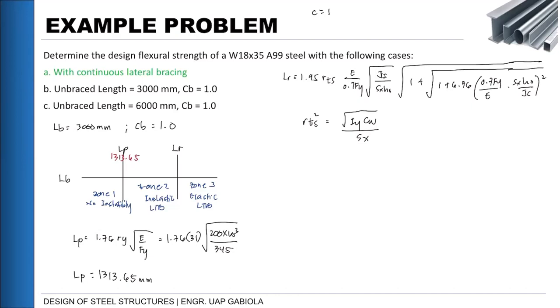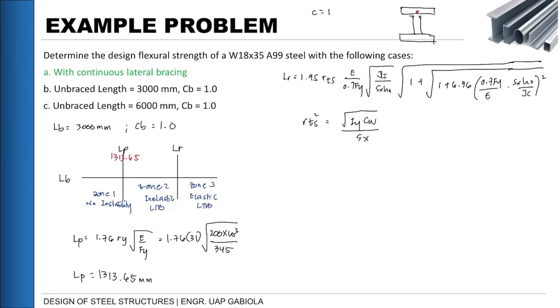Next, LR naman. For LR, this is the formula we need, but we need RTS. This is the formula for RTS. We need the value of the inertia, the warping constant from the NSCP, and SX. Then what else do we need? The H sub O. The H sub O can be obtained. If we have here our I section, it says center to center distance.